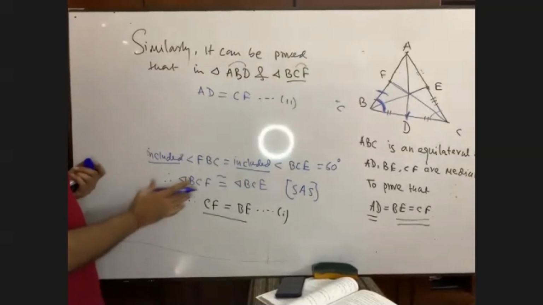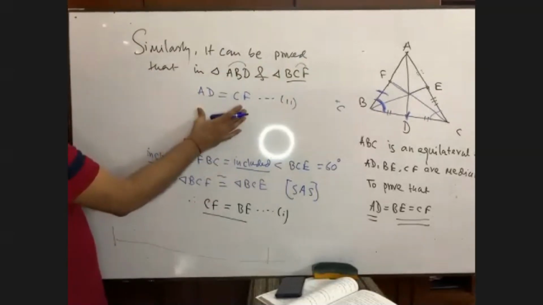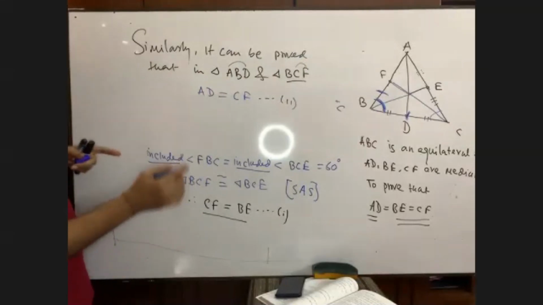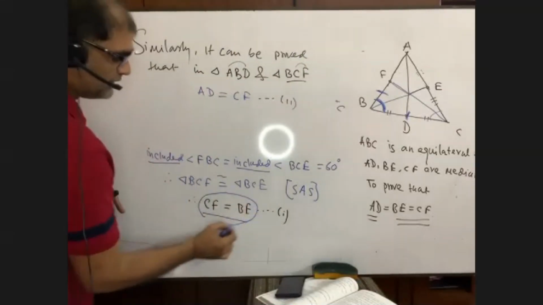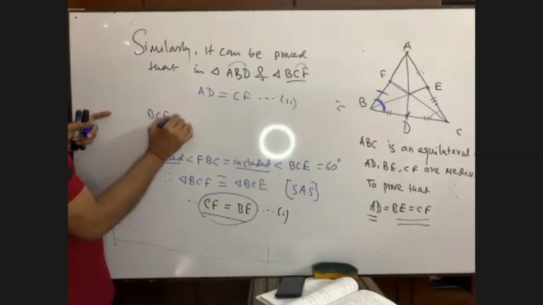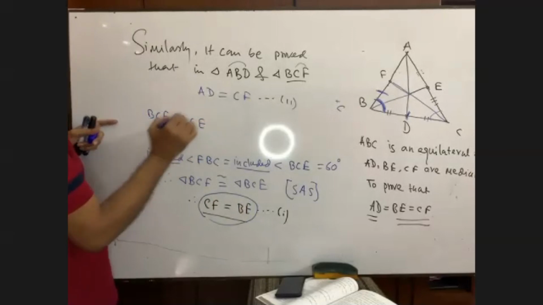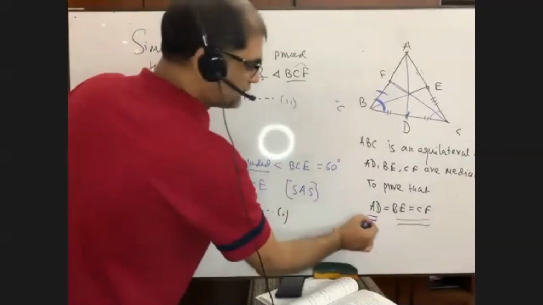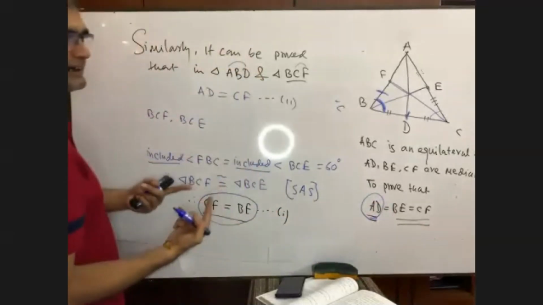As per equation 1, I have written it. When I proved this, what two triangles were considered? BCF and BCE. Now I have to prove this, so you have to take a triangle where there is AD.